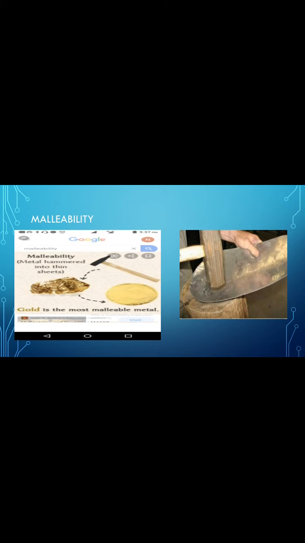So this property of metals, that a metal can be beaten into sheets, is known as malleability. The most malleable metal is gold. So you can see in this picture that when a metal is hammered, it turns into sheets.